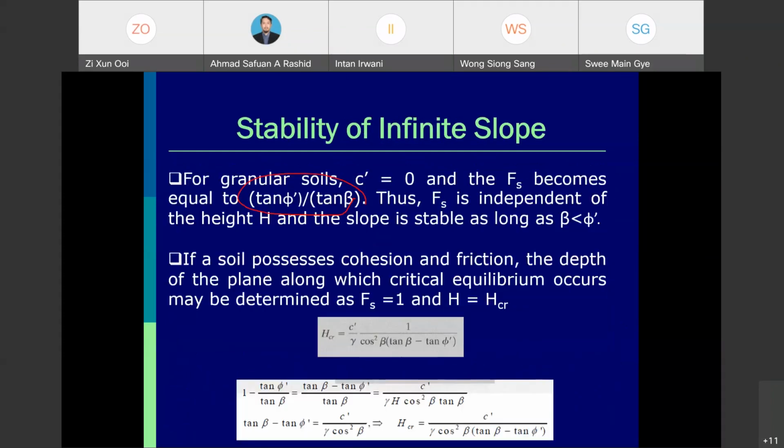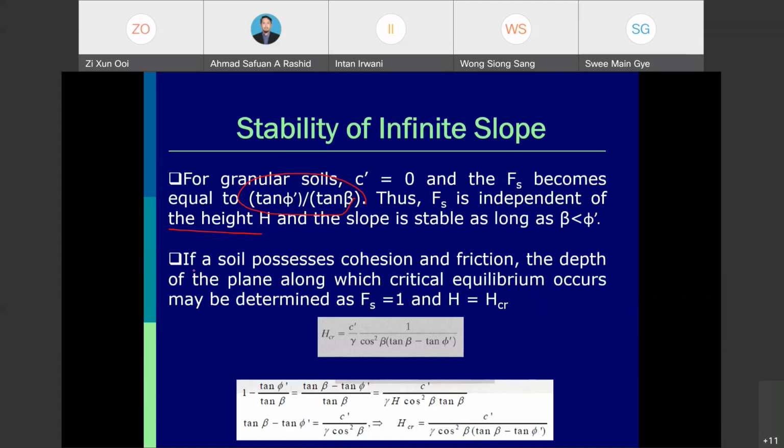So FS is independent of the height and the slope is stable as long as beta is less than phi value. So if the soil is granular type.